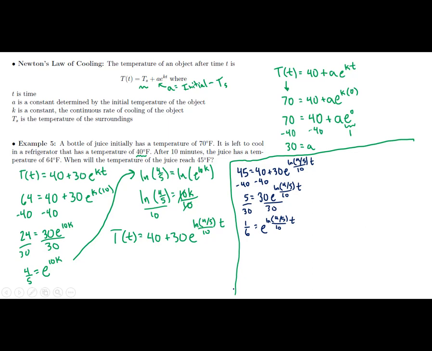And I know that the algebra on these can be a bit of a pain. So let's do what we have done many times now and go ahead and take the natural log of both sides of that equation.